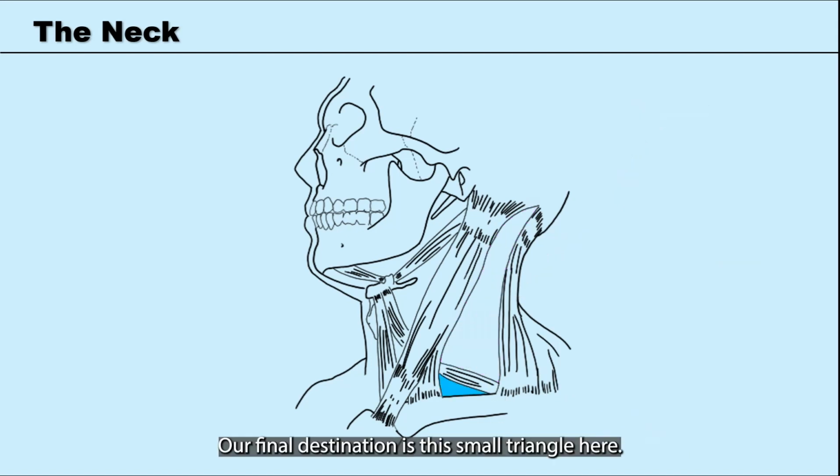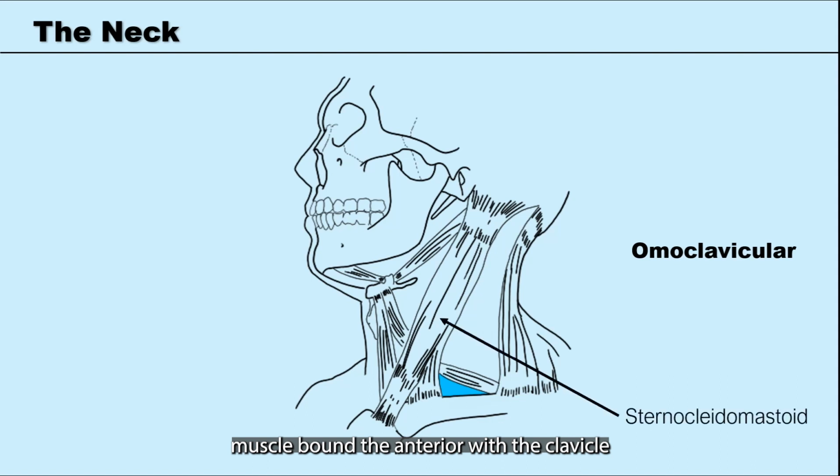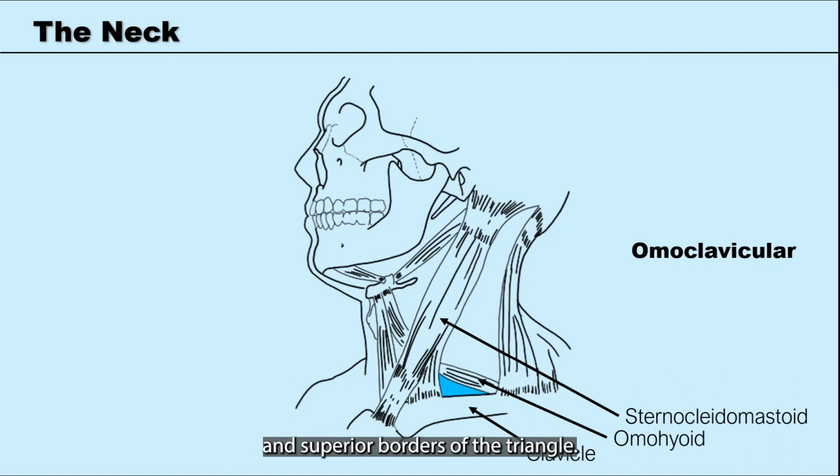Our final destination is this small triangle here. This is the omoclavicular triangle. And again, the sternocleidomastoid muscle bounds the anterior border, with the clavicle and the omohyoid bounding the inferior and superior borders of the triangle.